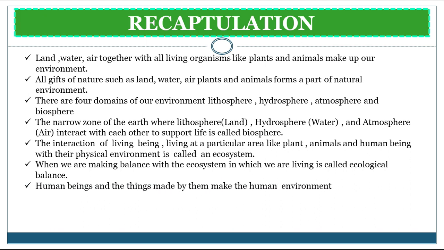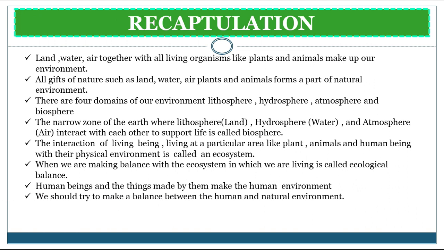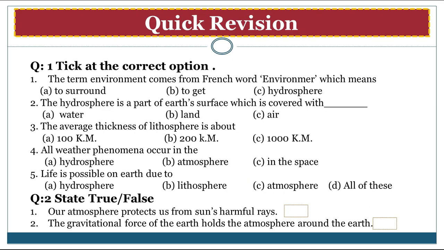Then we studied human beings and the things made by them make the human environment. And then in the last, I told you that we should try to make a balance between the human and the natural environment. So this is all about today's chapter.